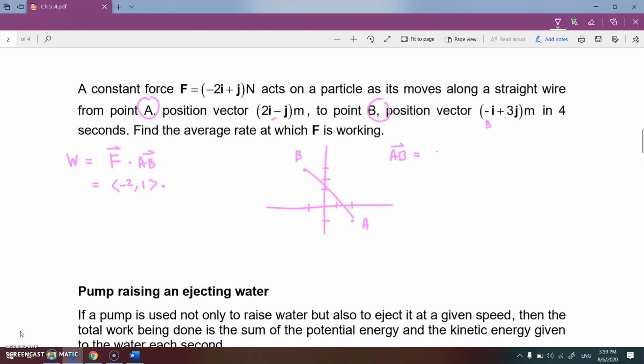So we have negative 1 minus 2, 3 minus 1. So we get negative 3 and then 4. So the work done is negative 6 plus 4. We have 10 joules.